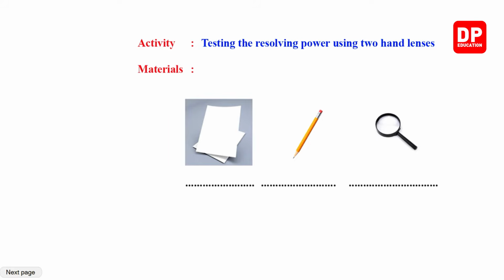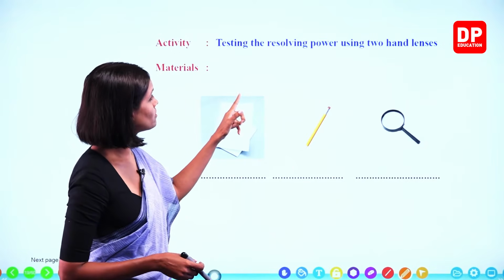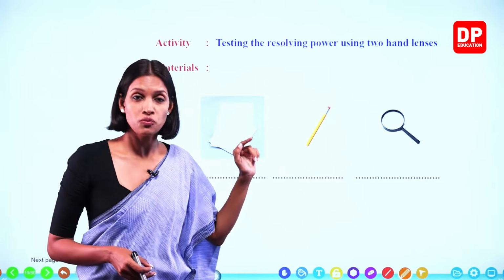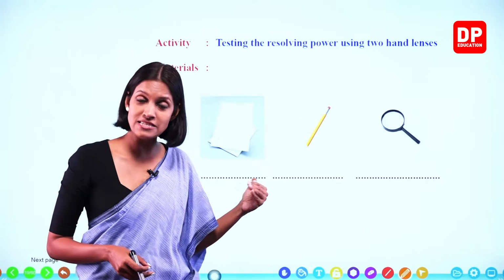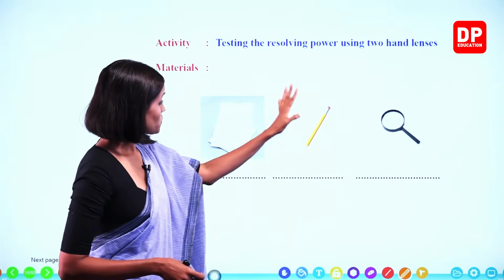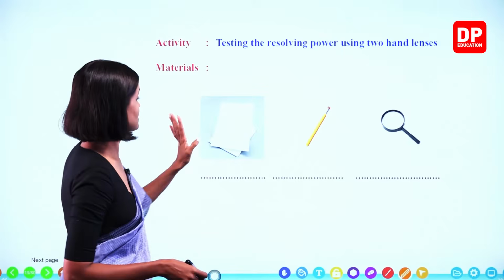Okay, we have another activity. It's a similar activity, but we are going to use two hand lenses, right? Testing the resolving power using two hand lenses. Now, we already know that the resolving power of one hand lens is higher than that of the naked eye, right? So, here we are going to use two hand lenses. Let's see.